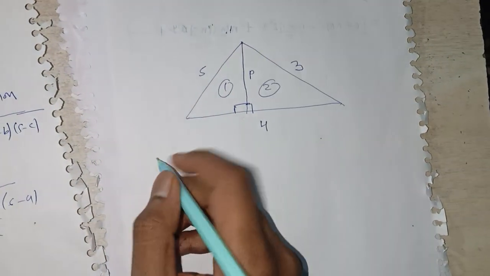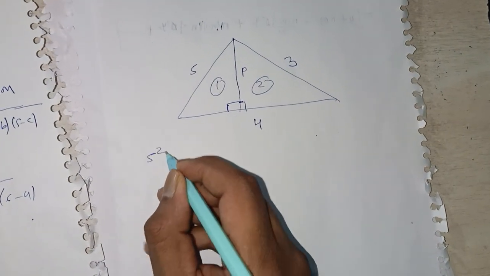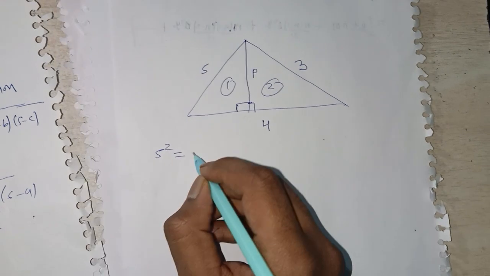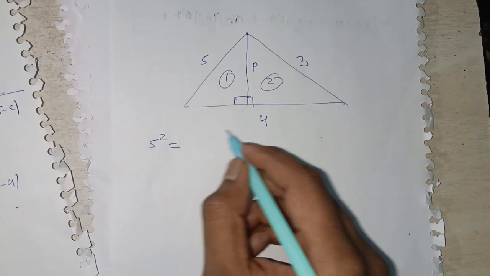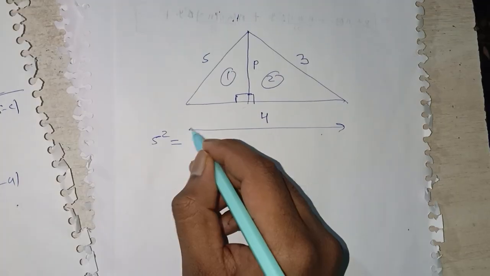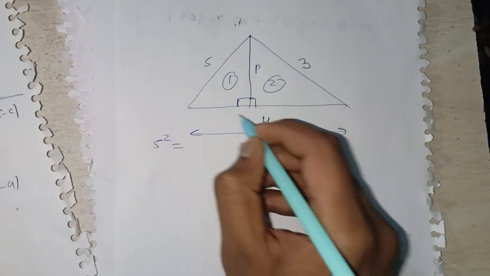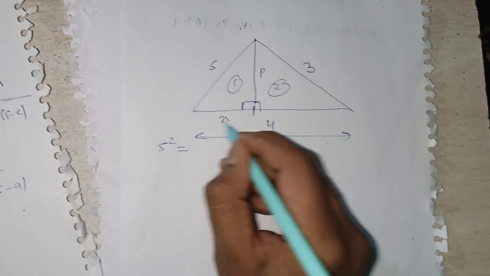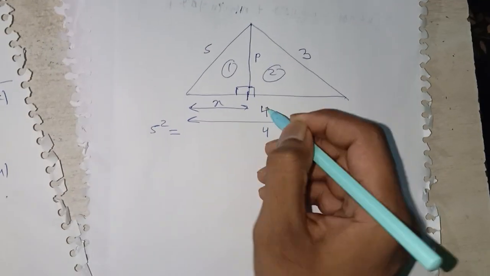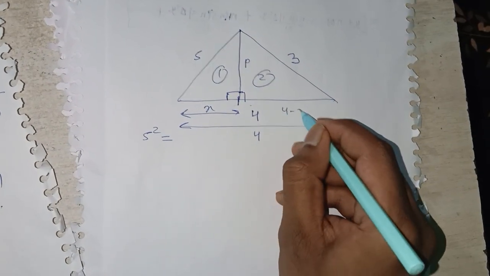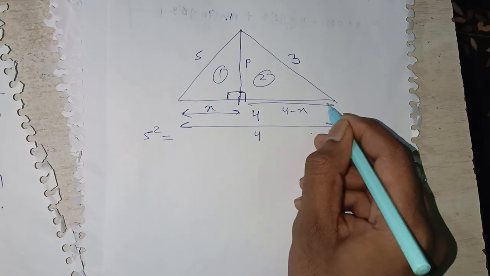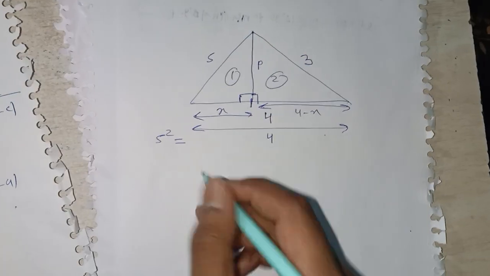Now in the first triangle, the hypotenuse square means 5 square. The base, suppose this total is given as 4. Suppose this is x from here to here, then this will become 4 minus x.